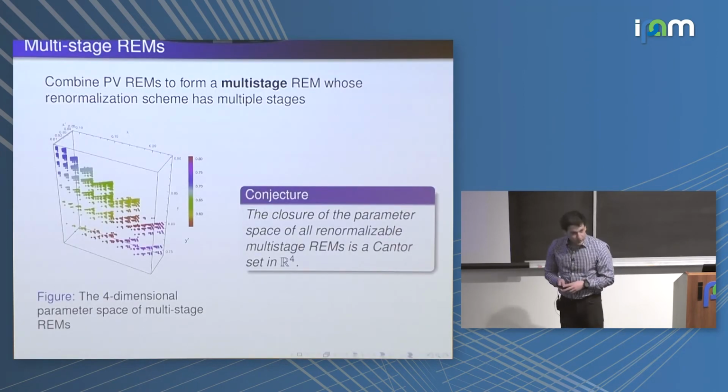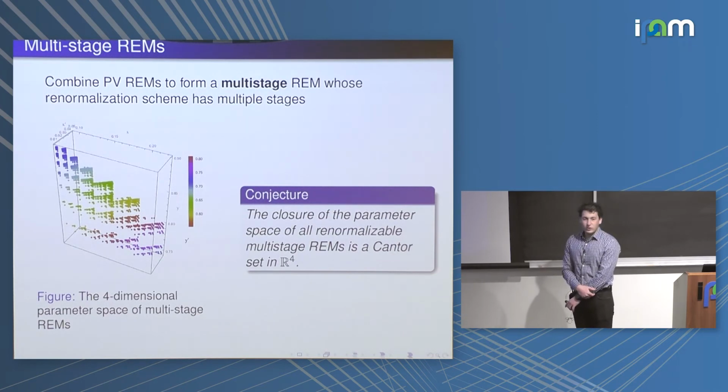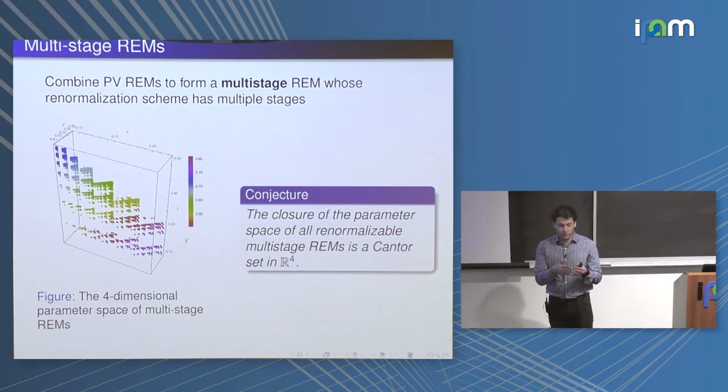Okay, so now I want to explain how we can combine rectangle exchange maps in this family, or compose them to form multistage REMs. And these are going to have renormalization schemes which are no longer one step.